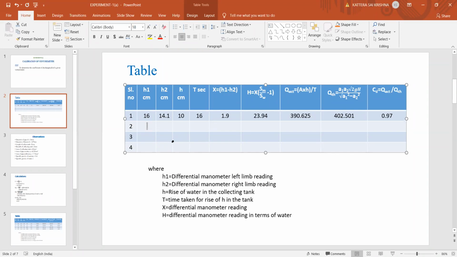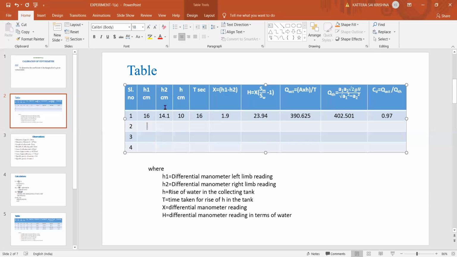Next, this is H, the rise of water in the collecting tank. How many centimeters of water you are collecting in the collecting tank, and the time taken for that height to increase. For example, I am taking a 10 centimeter rise in the collecting tank. What is the time taken for that 10 centimeter rise? We need to note it. So these are the 4 things we need to note from the experiment. The differential manometer reading in the left limb, H1, we have to note down.